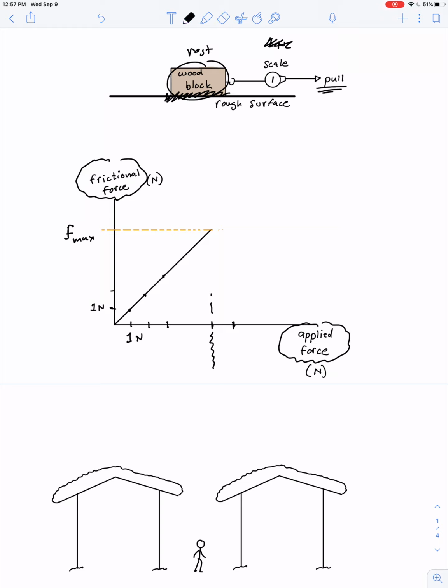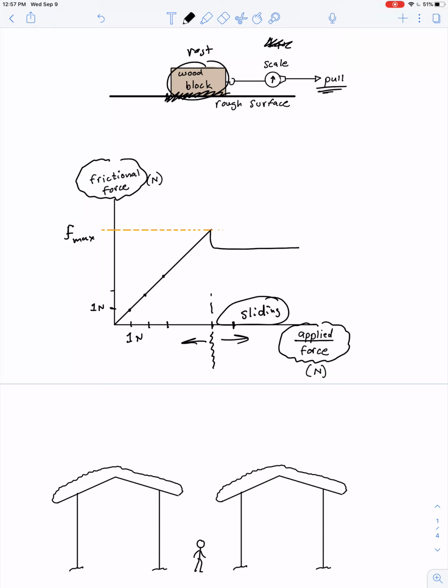So it maybe points here now. In other words, the frictional force drops down a little bit and then levels off to a constant value once I reach the point where the block is sliding.